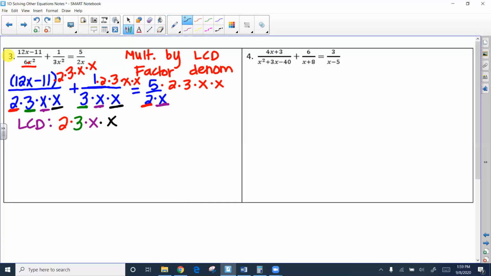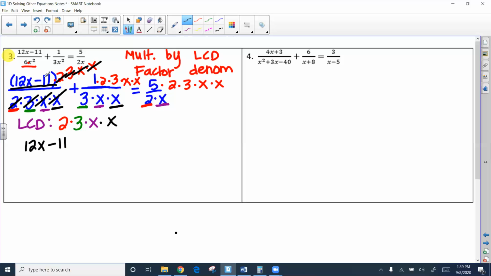Now, all my denominators should divide out. So on this first fraction, the 2, the 3, the x, and the other x, all the denominators divide out, and we're just left with 12x minus 11.